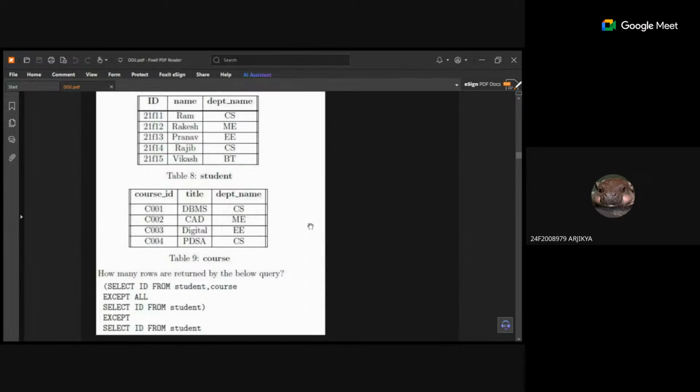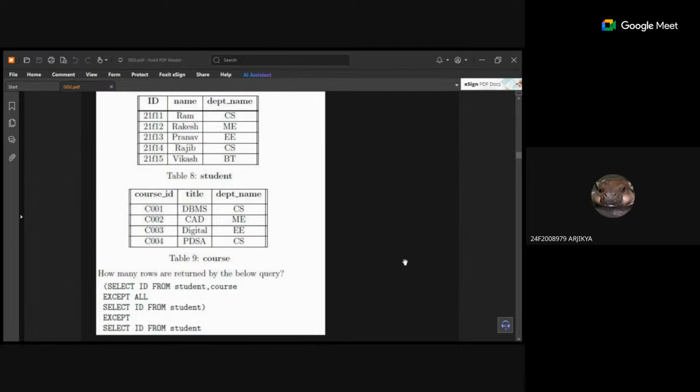Select ID from student course. So 5 into 4, 20, right? And EXCEPT ALL select ID from student. Here it is 5. So 20, and the ID will be what in that case? EXCEPT ALL will remove.